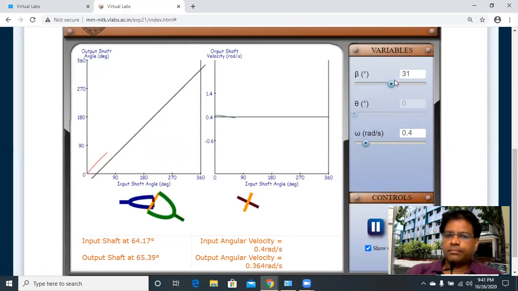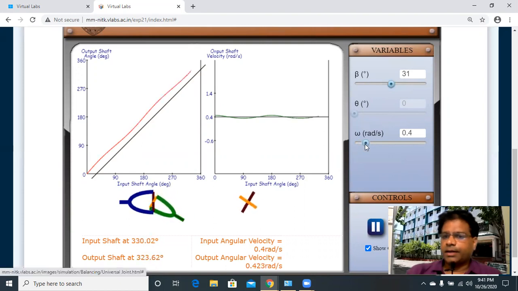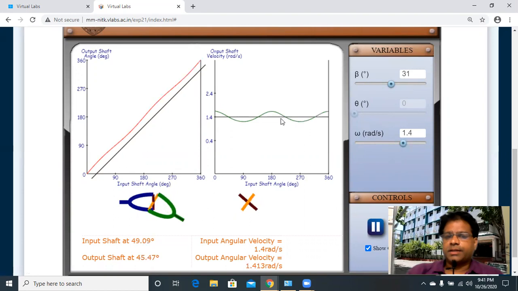Now I am making the angle between two shafts 31 degrees. We can see that the output shaft is tilted, and if I increase this omega, say up to 1.4, we can see that there is a variation in the angular velocity of the output shaft, while the angular velocity or rpm of the input shaft will remain the same.